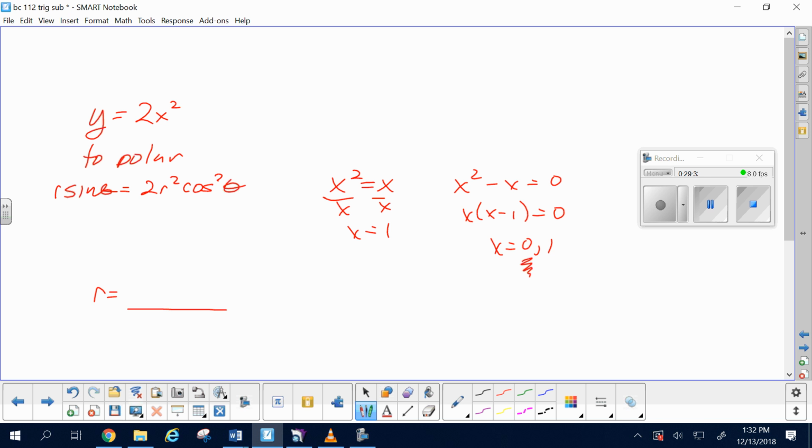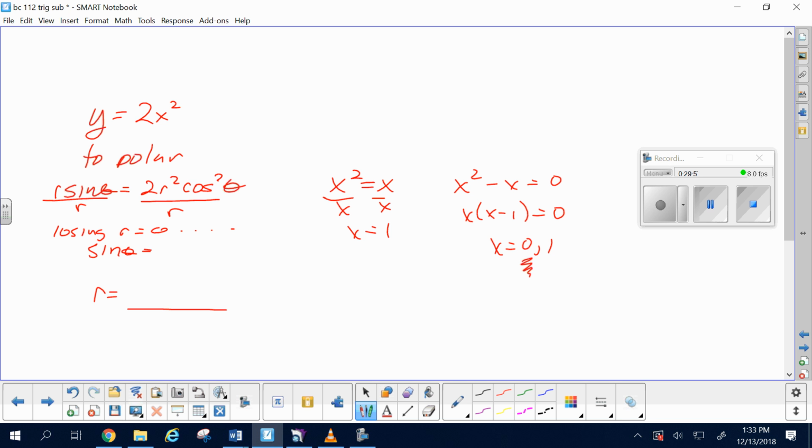So you're right to think I'm not supposed to do that. The reason it is okay here is that you're not solving this for all possible r's. You're just trying to graph or get an equivalent equation. If you divide this r out, you're losing r equals 0, but I will show you that's okay.